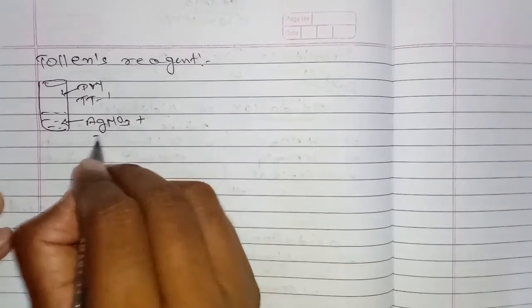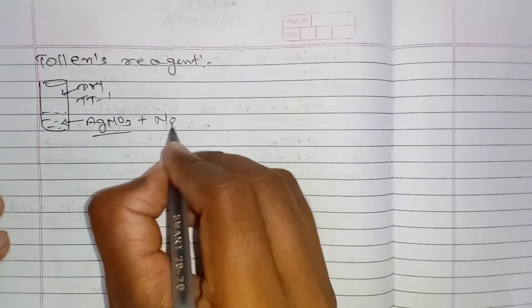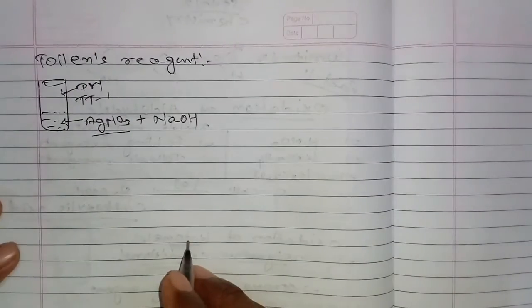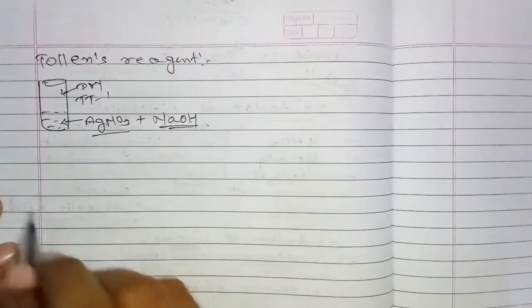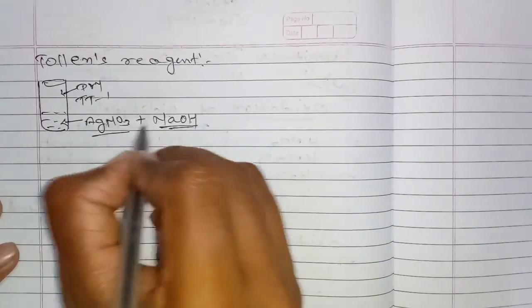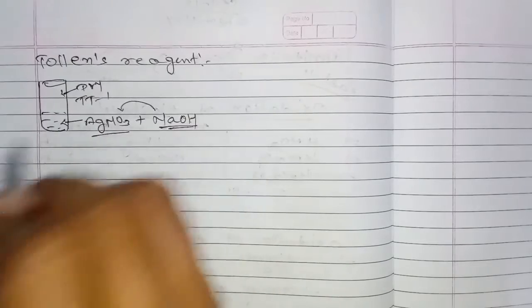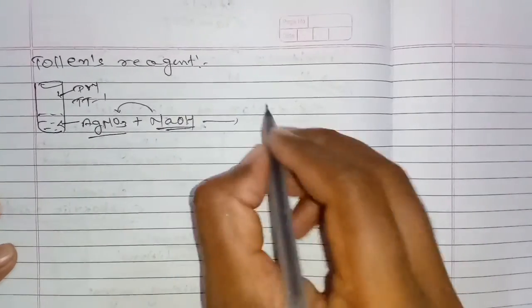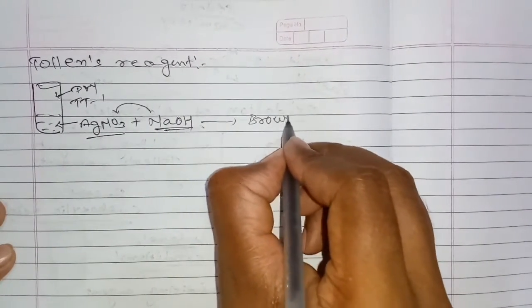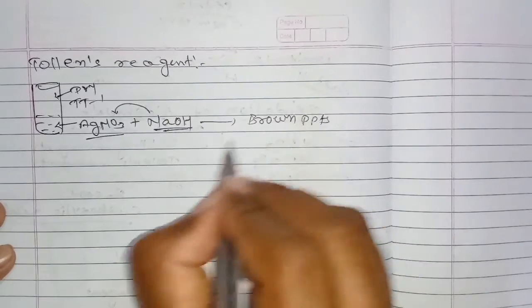To the silver nitrate solution, sodium hydroxide solution is added and a brown precipitate is obtained.